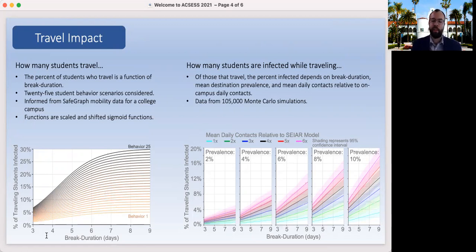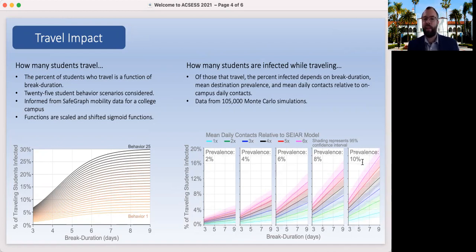To determine how many students are infected while traveling, we ran 105,000 Monte Carlo simulations. Inside the Monte Carlo simulation, we accounted for the mean daily contact rates of the traveling students relative to their base model. So we looked at 1 times up to 6 times the number of contacts compared to when they were on campus. We looked at 5 different prevalence rate values.